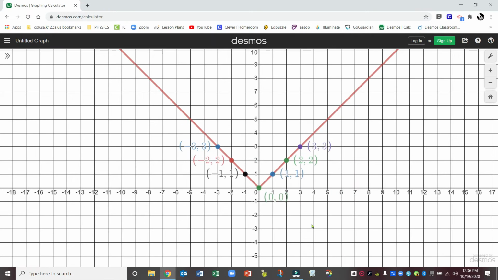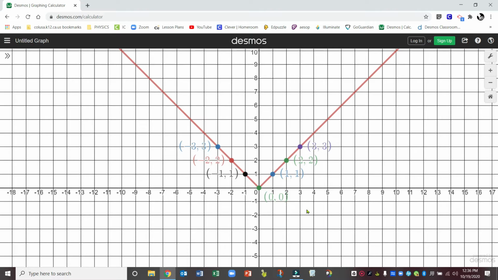So the domain is all real numbers. The range is the numbers that are greater than or equal to 0, because all of the points that are on this graph are going to have y coordinates greater than or equal to 0.